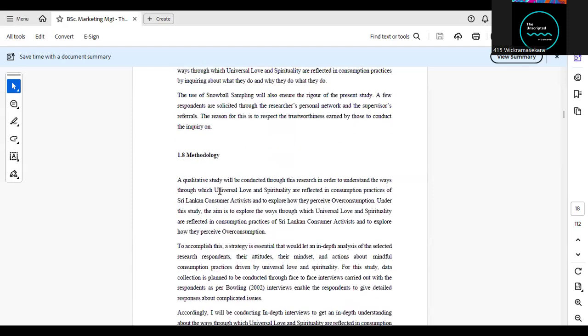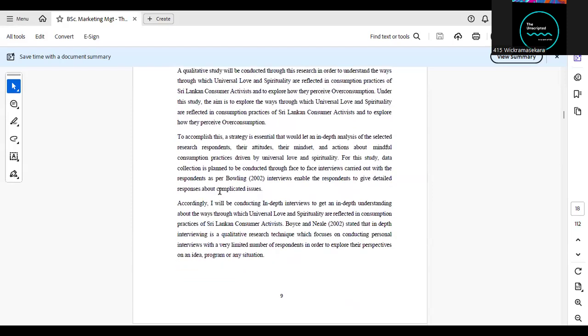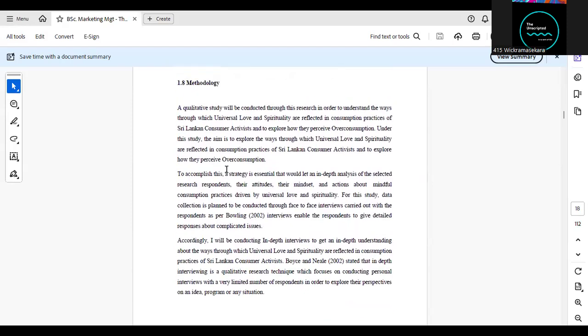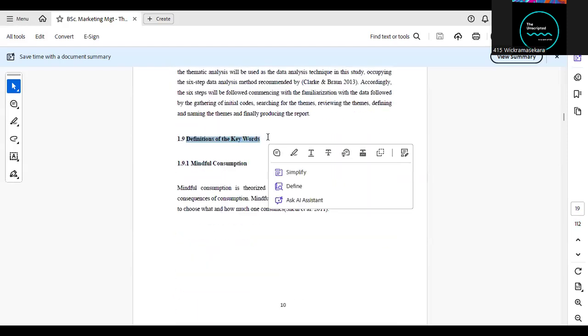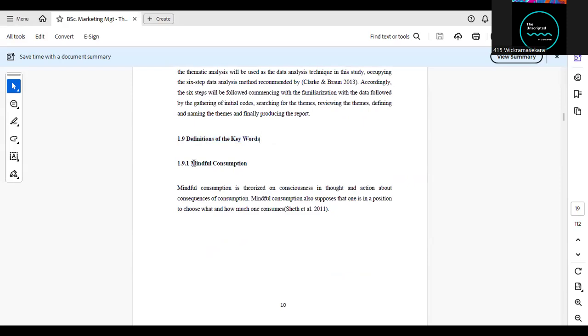And normally in chapter 1, we write a brief methodology in the future tense, stating briefly how you are going to undertake this study, and then you can have the definitions of keywords. You have to identify what the keywords are in your particular study.